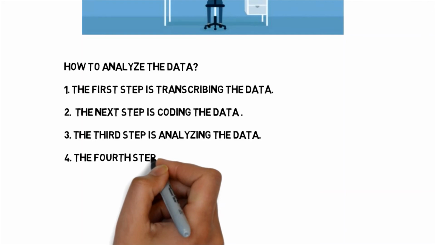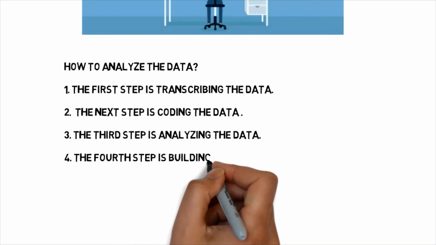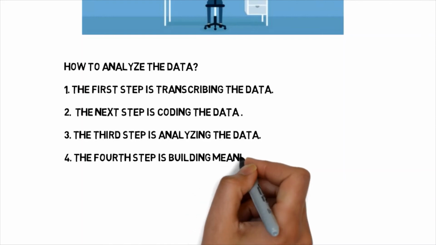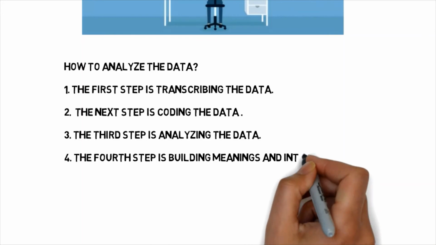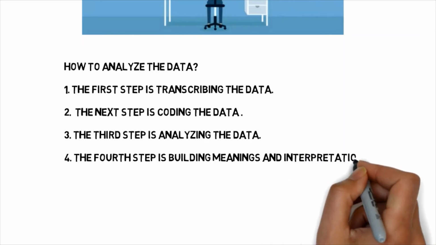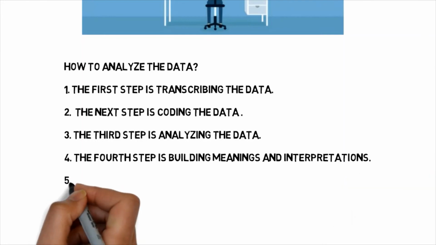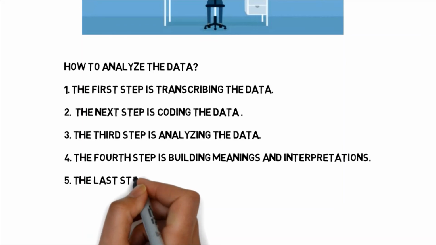Then, the fourth step is building meanings and interpretations. To make sense of the data, the researcher analyzed the data several times to pose questions, rethink the connections, and develop explanations of the situations. And then the last step is reporting the findings.